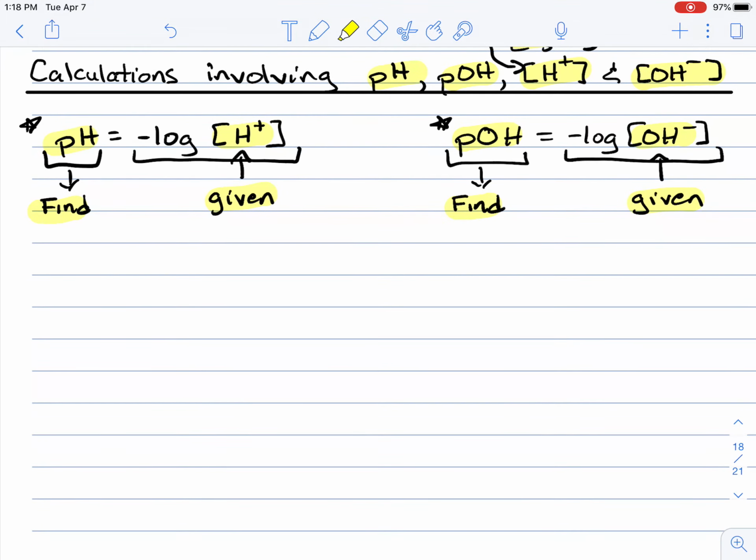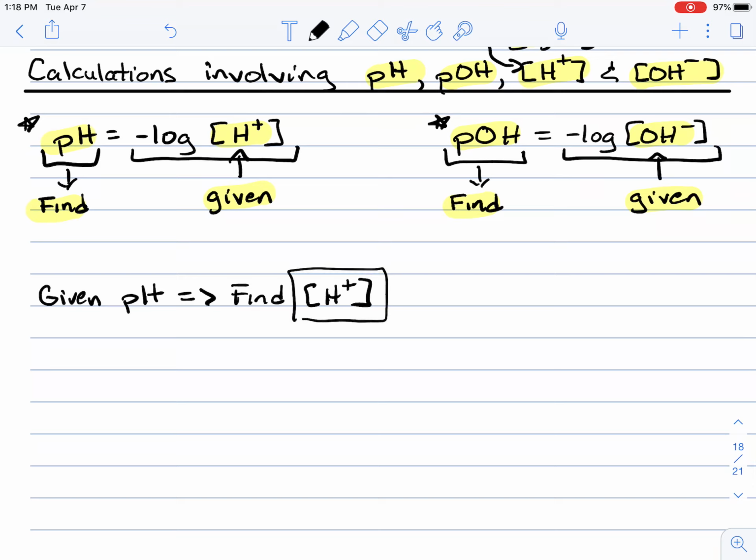What if we flip the scenario? What if we're given pH or pOH and we want to find the concentration of hydrogen ion? What we're going to do is rearrange this equation so that we're simply solving for the concentration. I'm going to do it with respect to pH, but this derivation also applies to pOH.